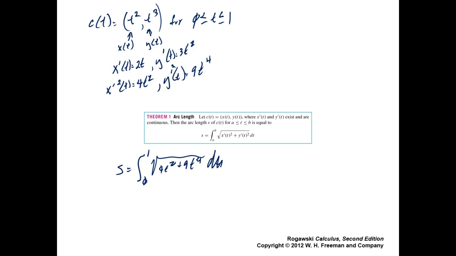You take a t squared out, so this is going to be the integral from 0 to 1, but you're integrating with respect to t, so you can't take it outside the integral, but you can take it outside the radical. And the square root of t squared is t, and what you have left is actually just 4, because you're taking out t squared.